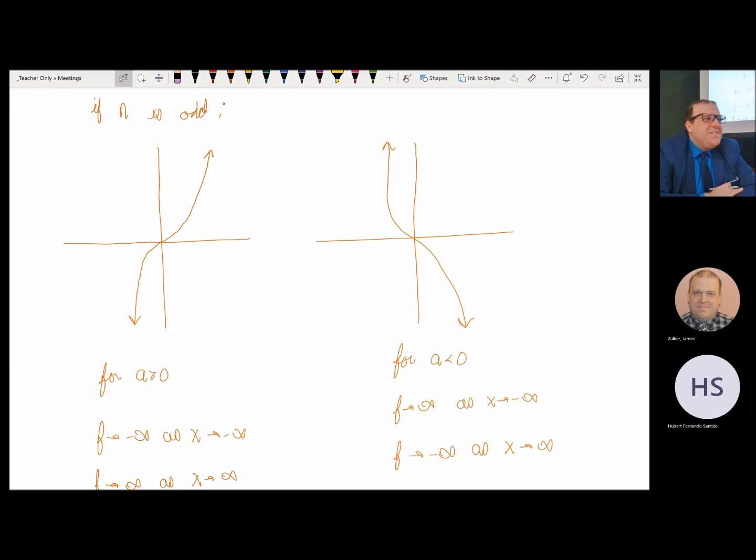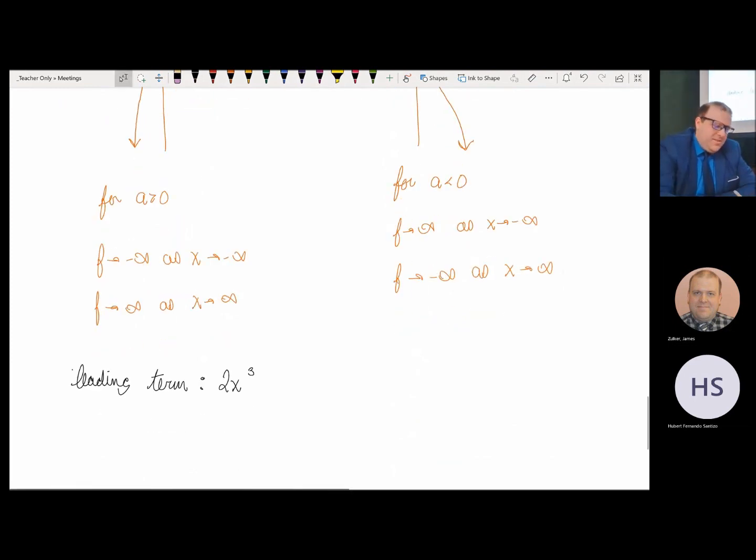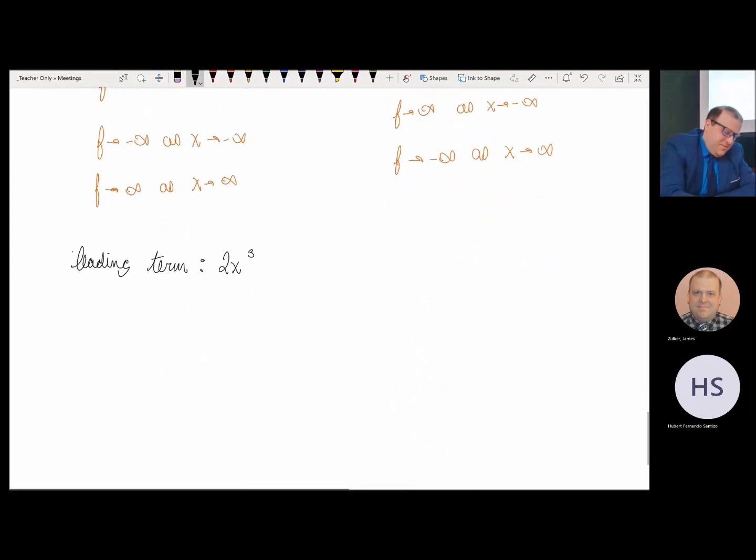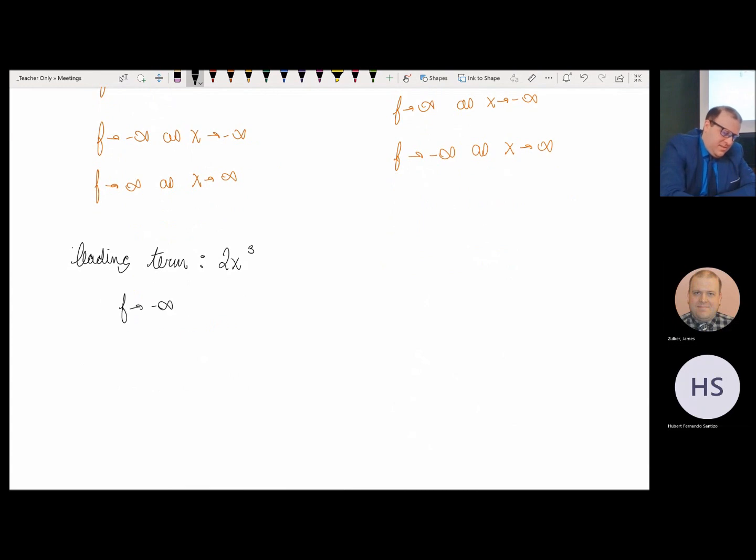Yes, a is 2, so a is positive, which means it's this graph. This is the behavior.